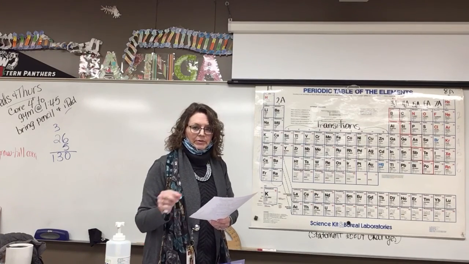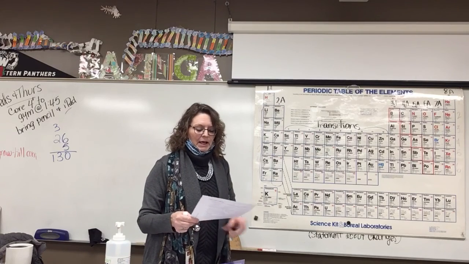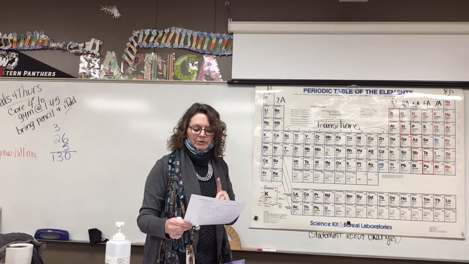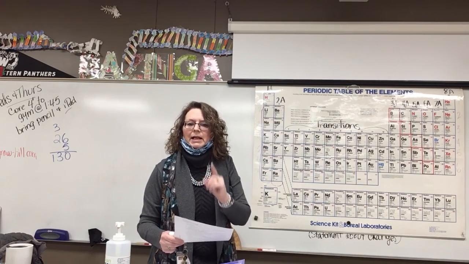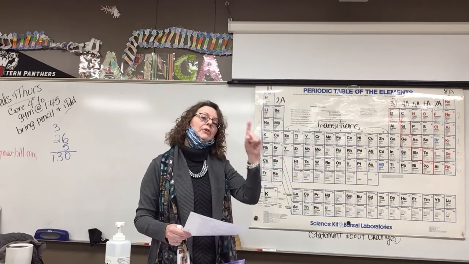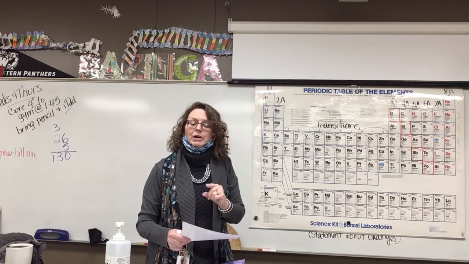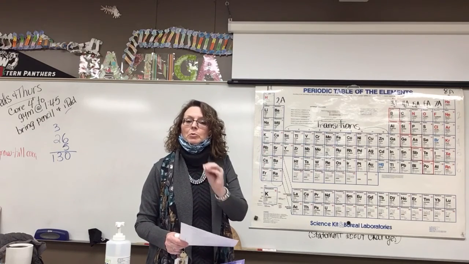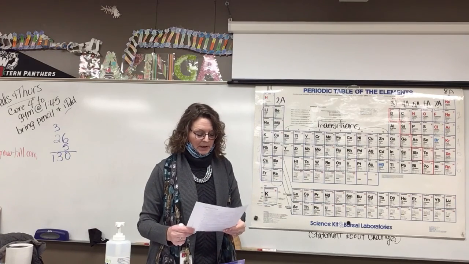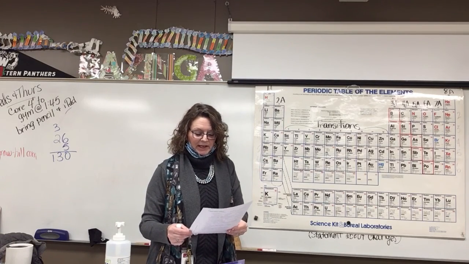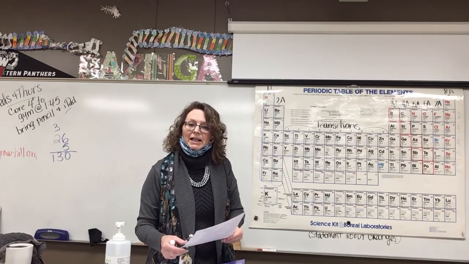You already know that. Electrons are the atomic particles that participate in chemical bonding. That is new. Electrons, specifically the valence electrons, are the ones that determine who will bond with who or not bond at all.